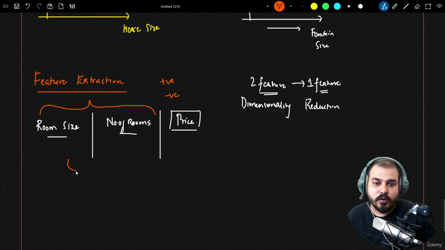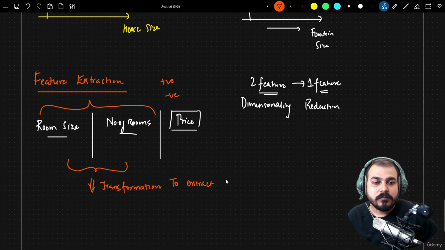Now in feature extraction, the core idea is that we take these two independent features, we apply some transformation to extract a new feature. Let's say this new feature is called house size.